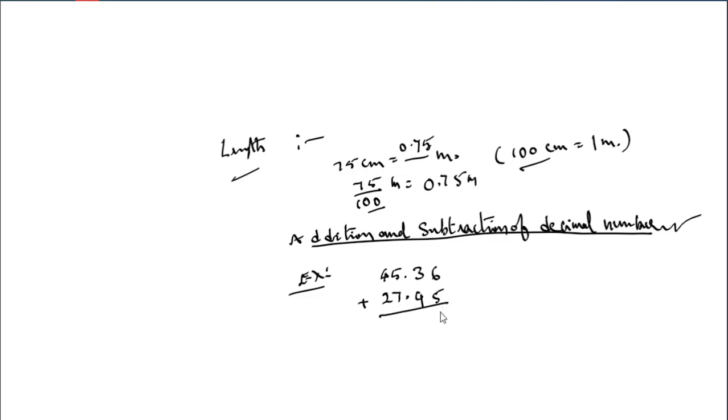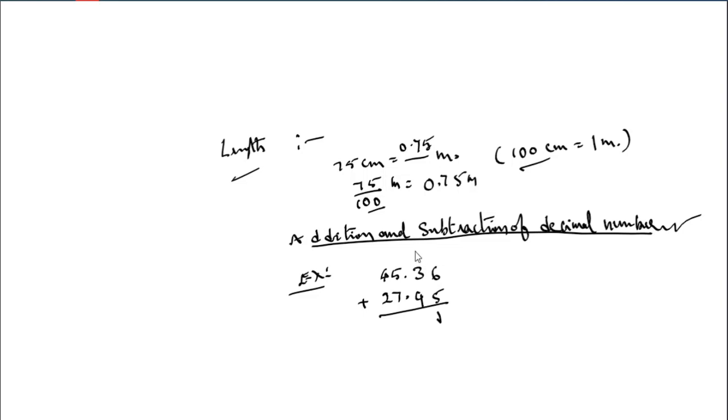While adding or subtracting decimal numbers, you should write the decimal point under the decimal point, so that we get the correct places. Now addition is as usual. You add the decimal numbers just like whole numbers. Ignore the decimal point and add them as whole numbers. 6 plus 5, 11.